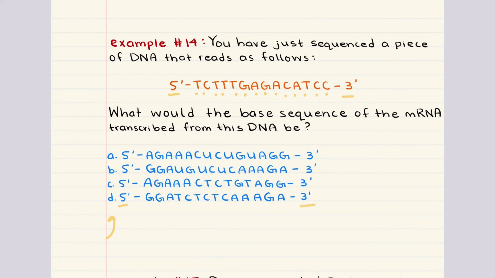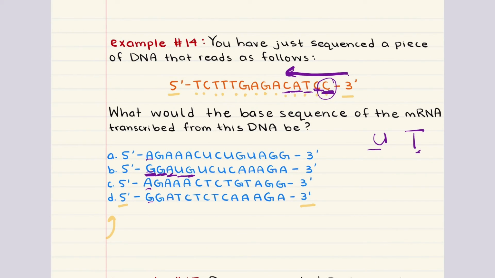So the way that we're going to do this correctly is we're going to read in this direction, and this base right here is going to translate to the first base in these sequences. Now, the difference here is it'll be read exactly the same with the complementary sequence, except we will substitute U for T. So as we read from here to here, we have C pairs with G, C pairs with G, T pairs with A, but we will replace T with U. So that's U. Then again, we have a C right here.